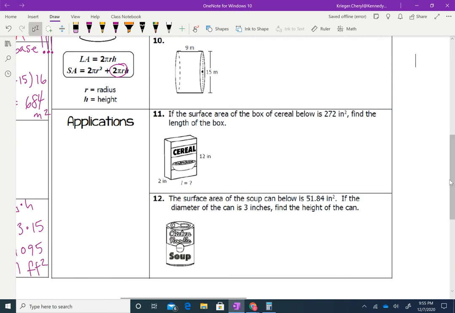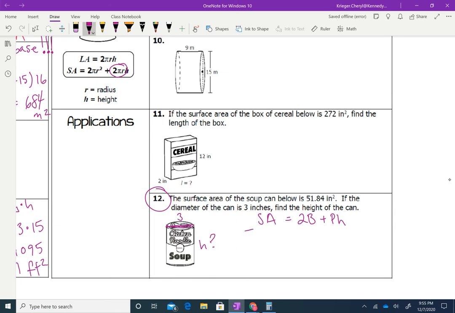And I'll do one more cylinder one. Number 12. The surface area of the soup can below is 51.84 inches squared. If the diameter of the can is 3 inches, so the diameter is 3, find the height. Okay, so surface area equals 2b plus ph.